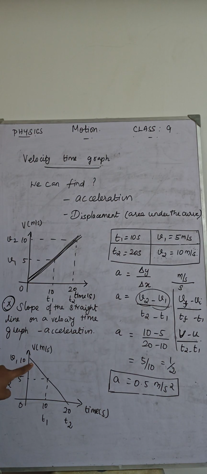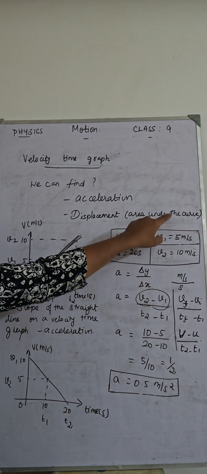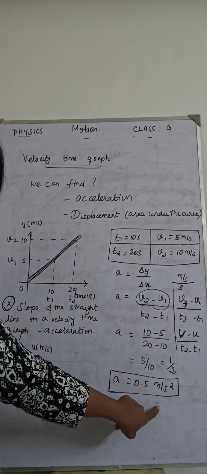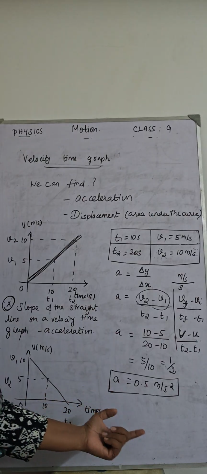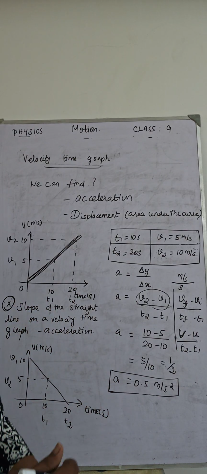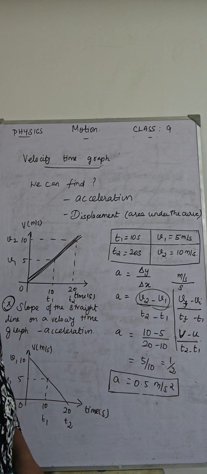So v1 is 10 meter per second, v2 is 5 meter per second, and you get minus 0.5 meter per second squared, which is nothing but retardation. The acceleration is constant, but the velocity is decreasing, meaning the vehicle will come to a stop or the brake has been applied. Thank you.